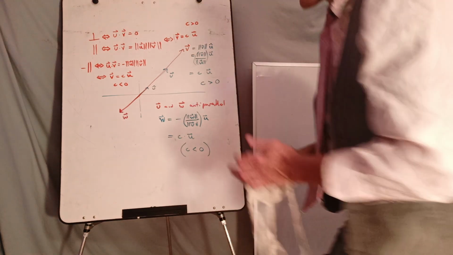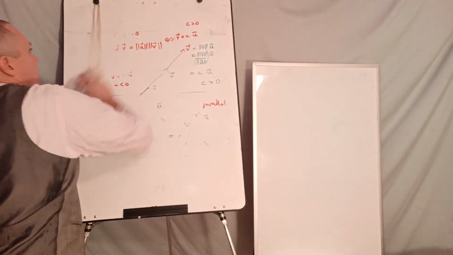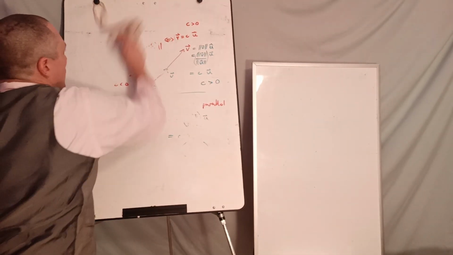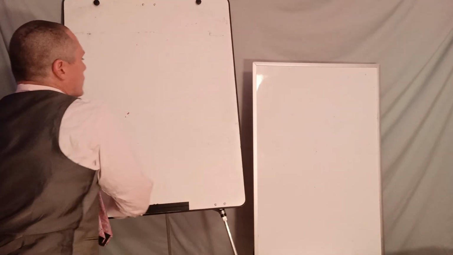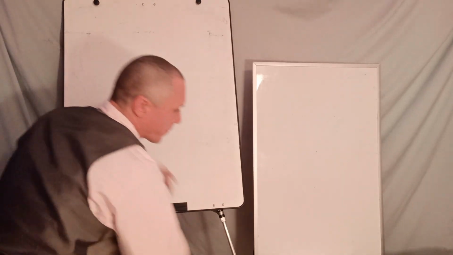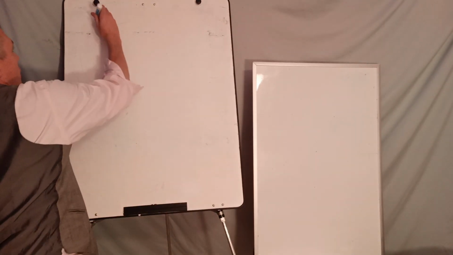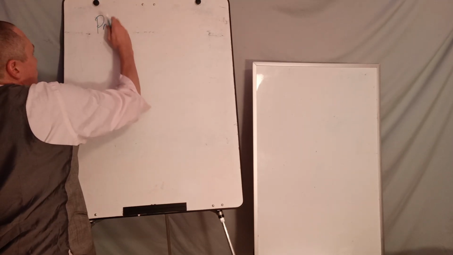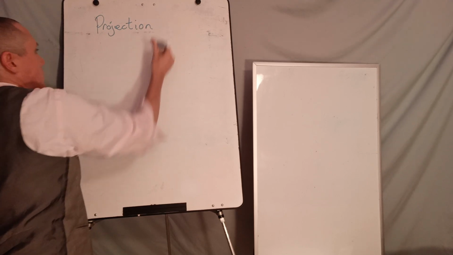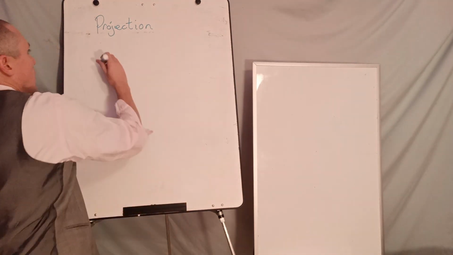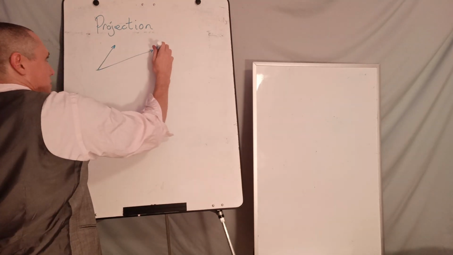So let me actually use the big board, and I'll try to motivate projection a little bit. There's a couple good ways to think about what's going on when we talk about projection. But let's even go coordinate independent for a moment here. No axis needed, right?